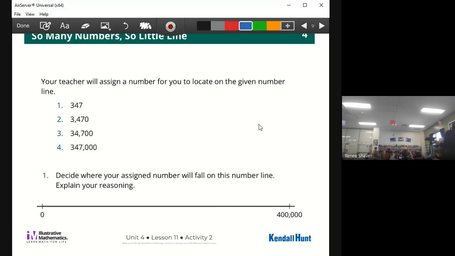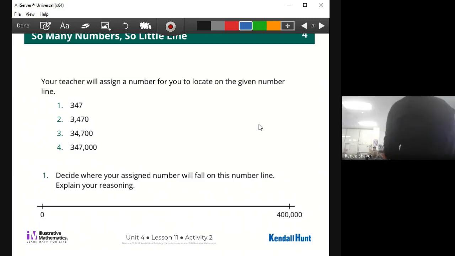Then you have a number line, and you see the lines underneath. On those lines, you're going to write sentences that start with a capital letter and end with a period, and it needs to explain.